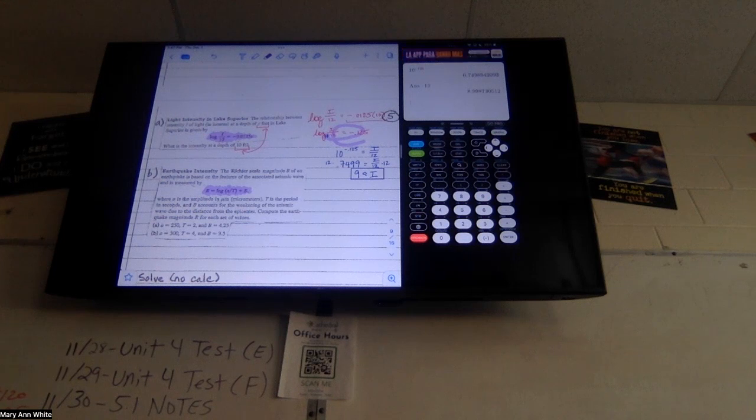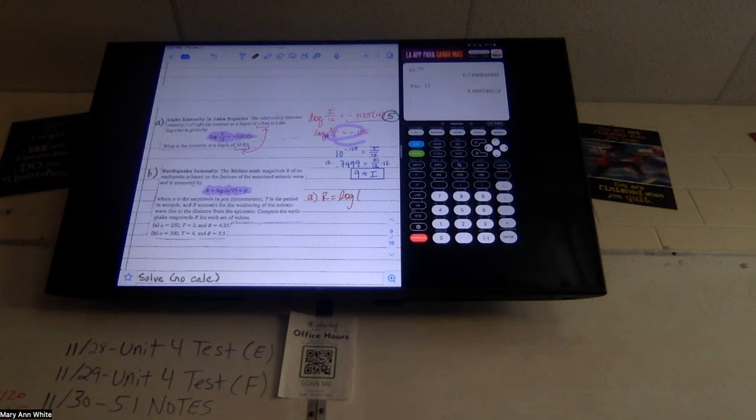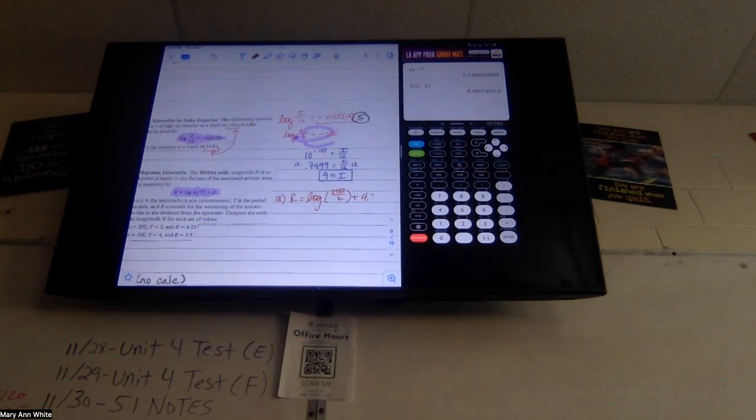So I'm looking at letter A. I'm just gonna plug 250 in for A. I'm gonna plug 2 in for T. I'm gonna plug 4.25 in for B. R equals log of 250 over 2 plus 4.25.